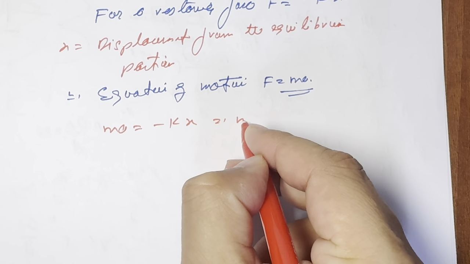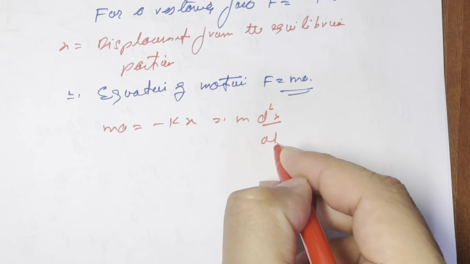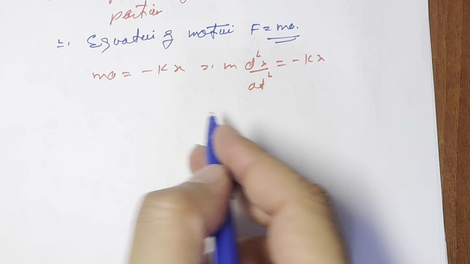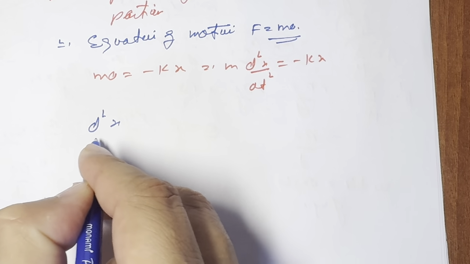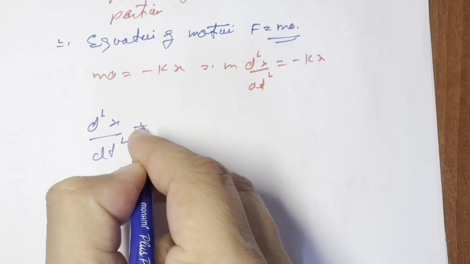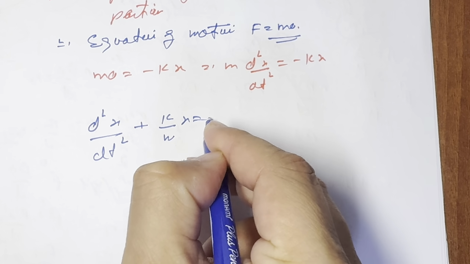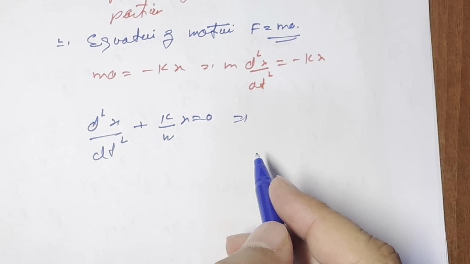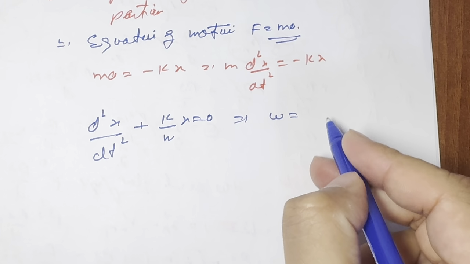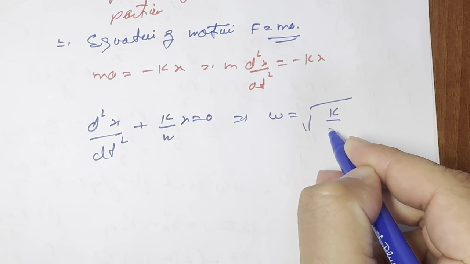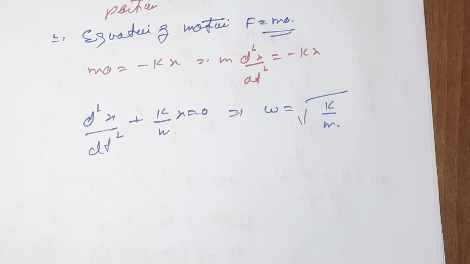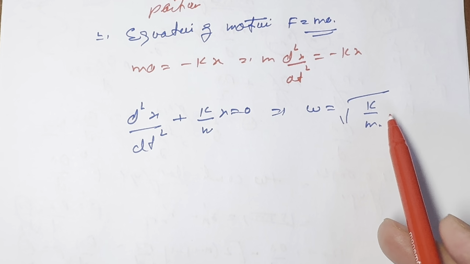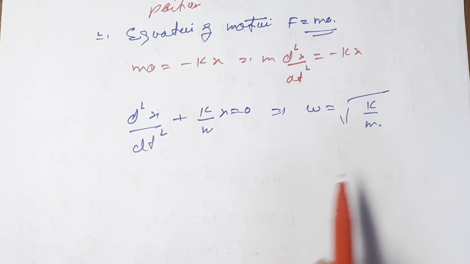So m times the double derivative of x with respect to time equals minus kx, and this can be re-written as the standard equation for SHM, giving us d2x/dt2 plus k upon m x is equal to 0. And from here, which is the standard equation of SHM, we can write that the angular frequency omega will be equal to square root of k upon m.